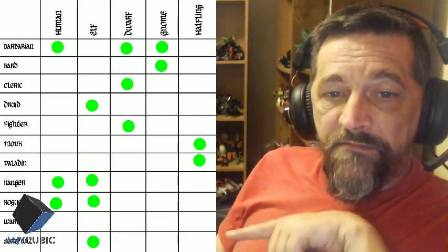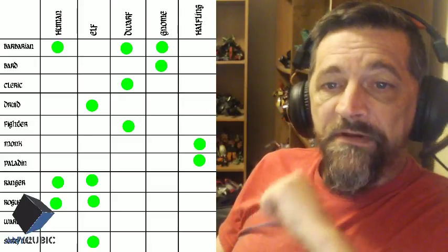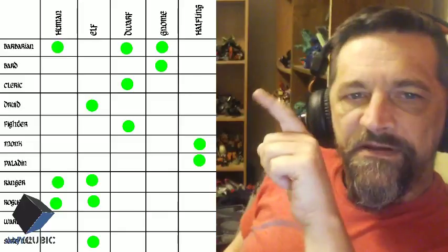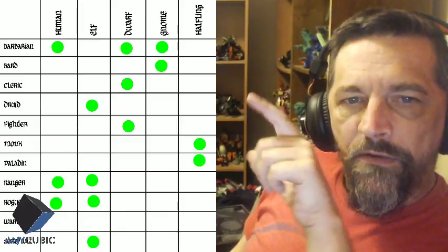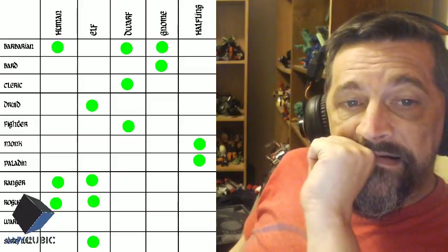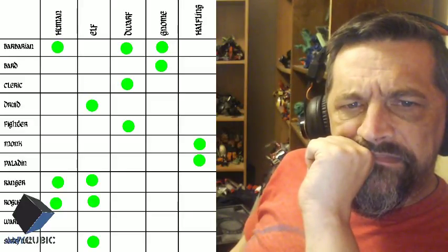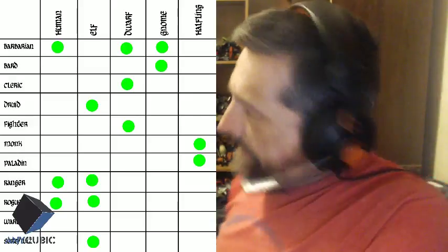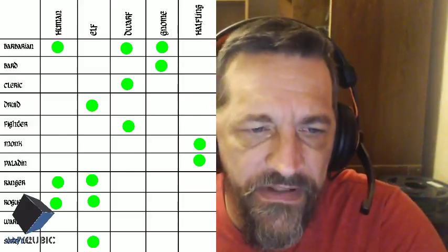I still have to make a mark for human wizard down here because that's what I did Tuesday. And I'm going to find something to do in here. I have no idea what I'm going to do today. So, let me go ahead and hide this once again.